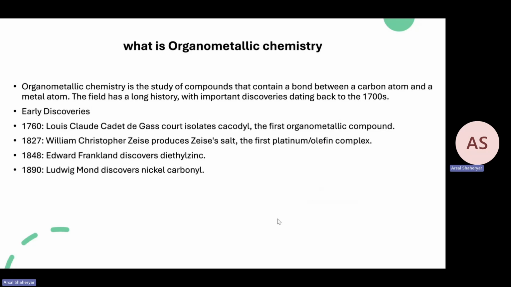You may be wondering, what is organometallic chemistry? Organometallic chemistry is the study of compounds that contain a bond between a carbon atom and a metal atom. The field has a long history with important discoveries dating back to the 1700s. Here are some of the early discoveries. In 1760, Louis Claude Cadet de Gascourt isolates cacodiol, the first organometallic compound.